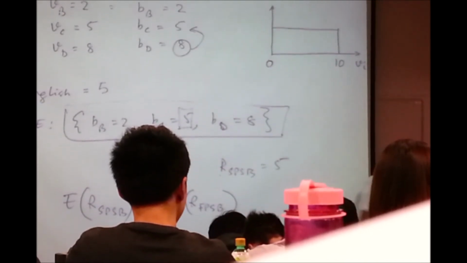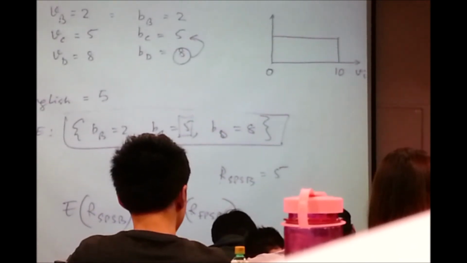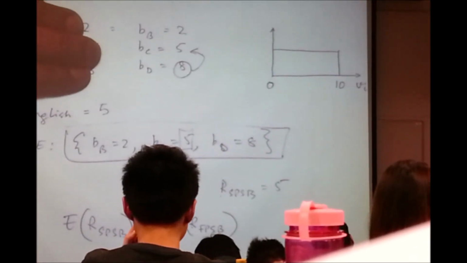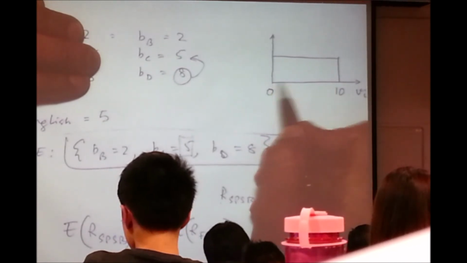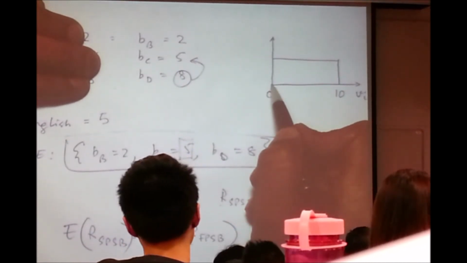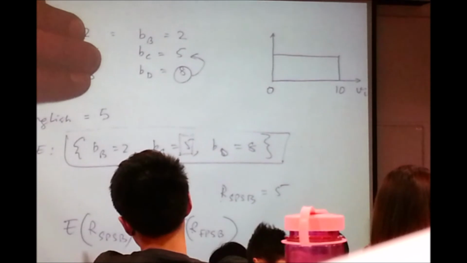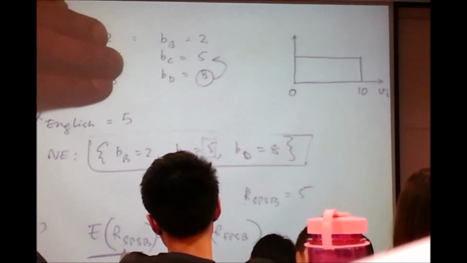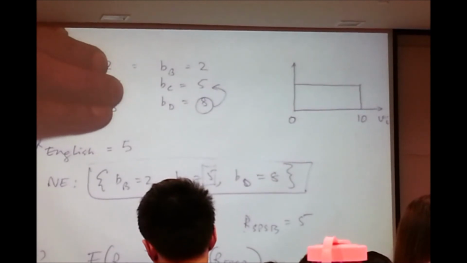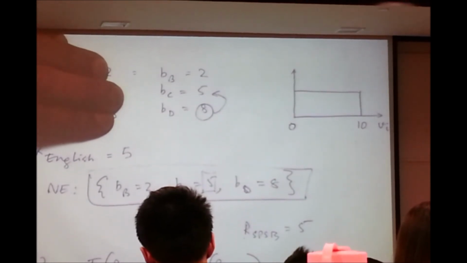Had I not given you bidders' valuations, and had I just told you there are 3 bidders uniformly drawn from this uniform distribution, then you would have no choice but to find out on average what revenue each auction generates.